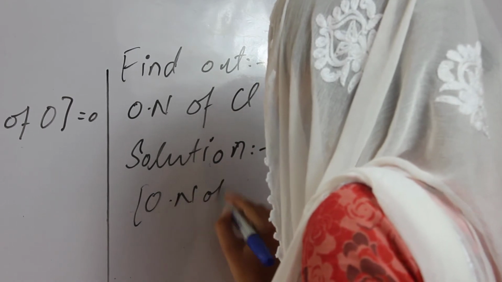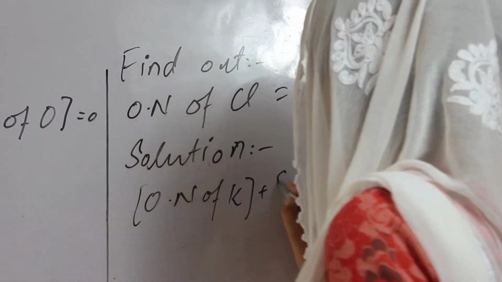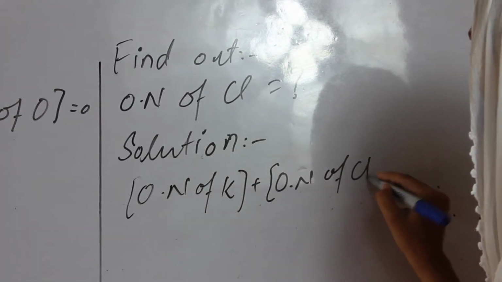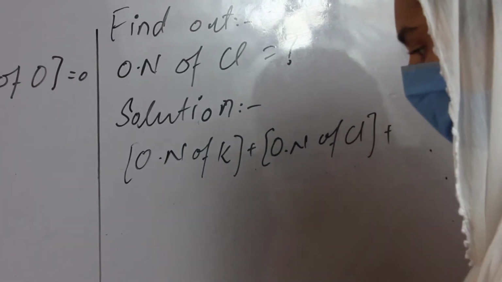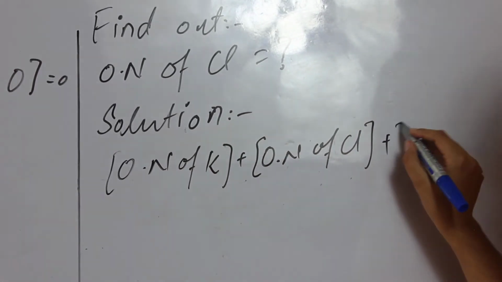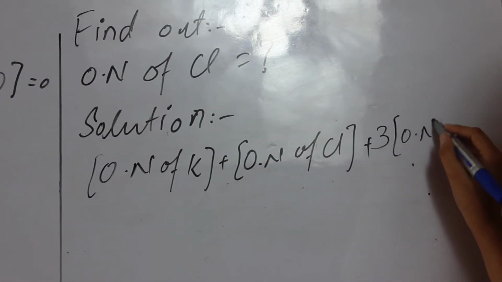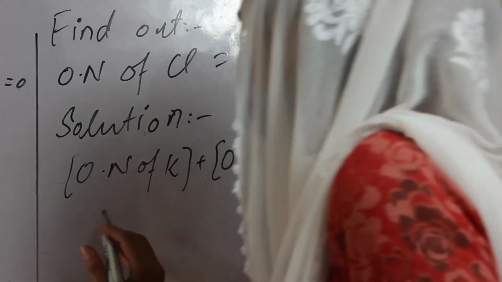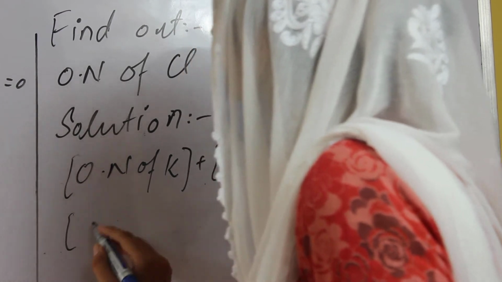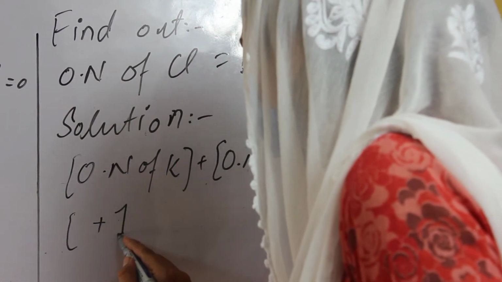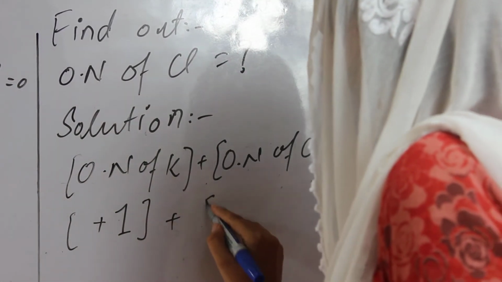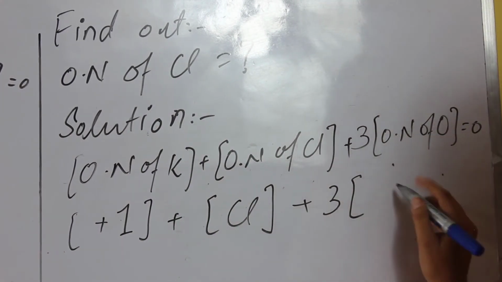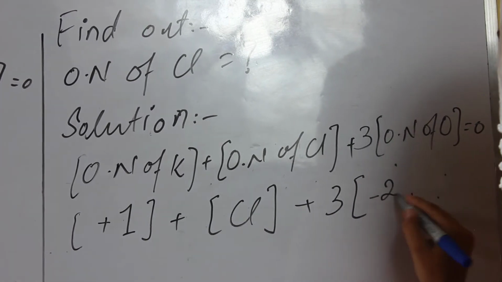Oxidation number of potassium plus oxidation number of chlorine plus 3 atoms present in this compound, that's why 3 is multiplied by the oxidation number of oxygen, equal to 0. By putting the values, oxidation number of potassium is +1, chlorine, 3 atoms, and the oxidation number of oxygen is -2.